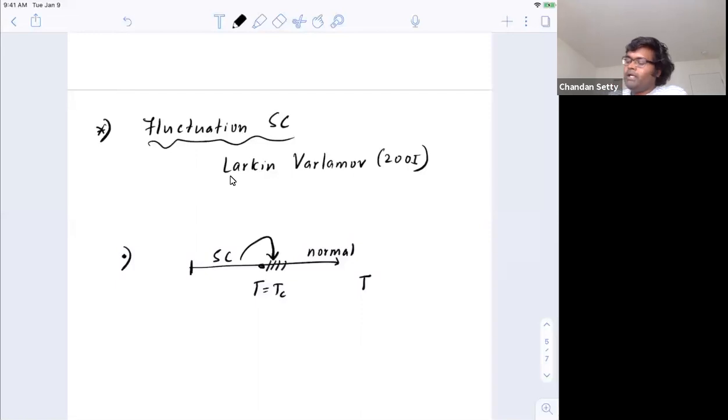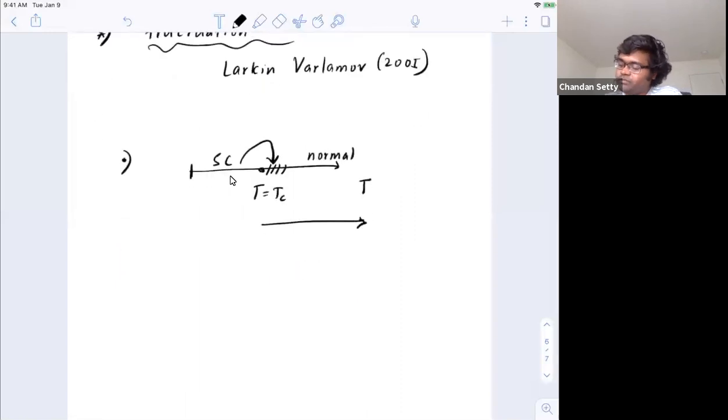It may also happen that the fluctuation effects are seen not just close to TC, but even at temperatures much farther away from TC. Now, what does that mean in terms of experiments? What that means is you have several variables, for example, the density of states.